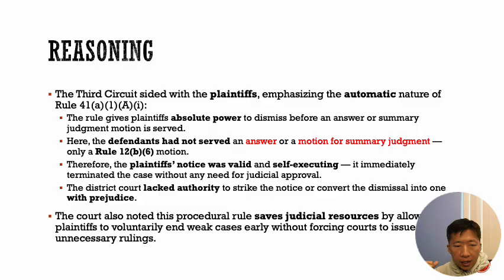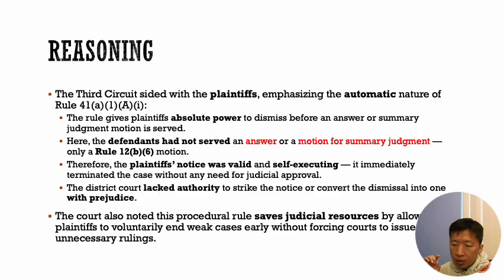And in this case, the defendant did not serve an answer or summary judgment. The defendant only filed a motion to dismiss the plaintiff's complaint under 12(b)(6), but there's no summary judgment or answer. Therefore, the plaintiff's notice was valid and self-executing, and immediately terminated the case without any need for judicial approval.